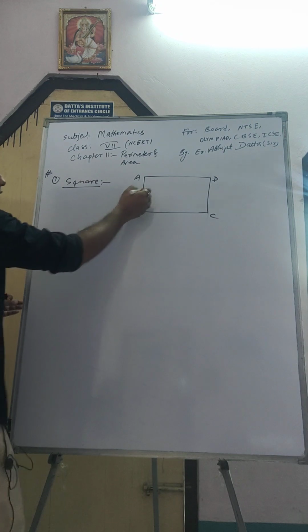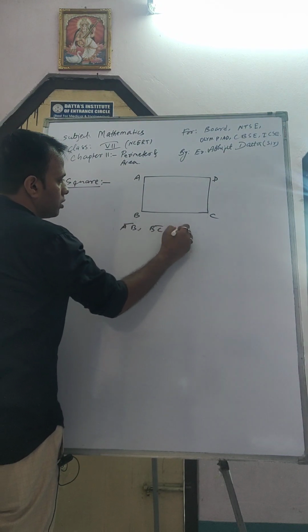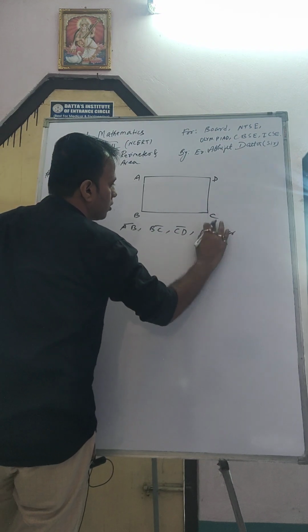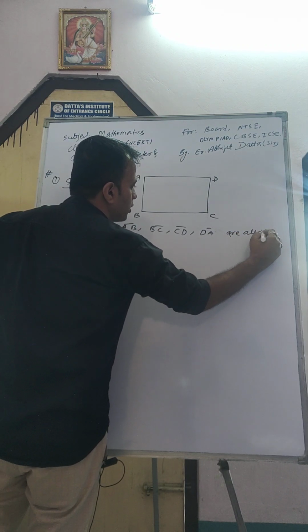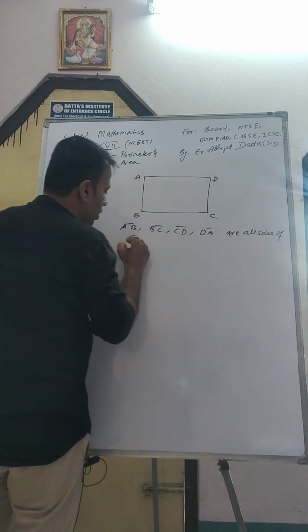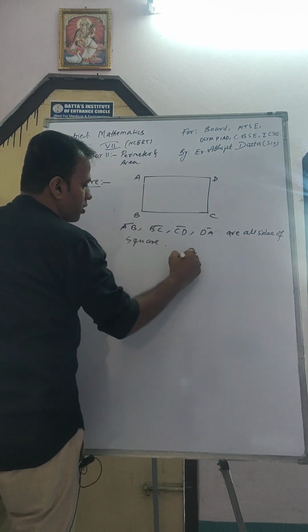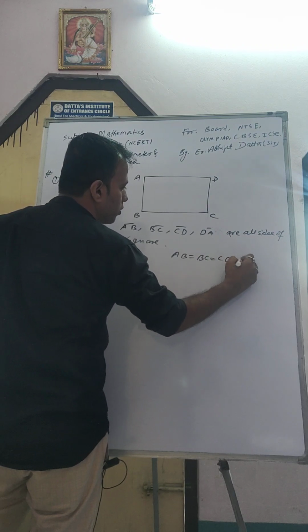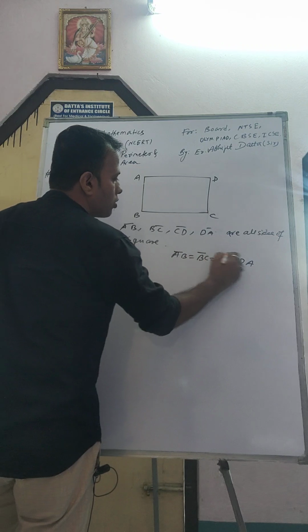This one is a side. AB, BC, CD, DA are all sides of the square. So in a square, AB equal to BC equal to CD equal to DA. All sides are equal in a square.